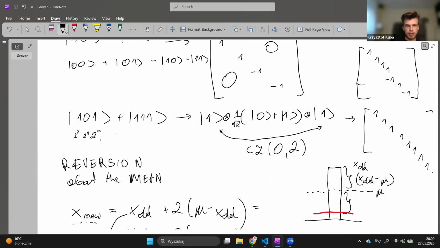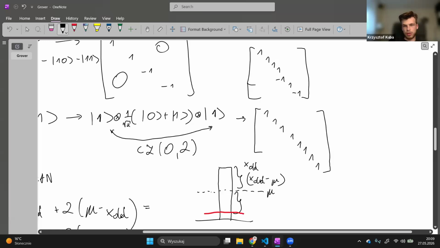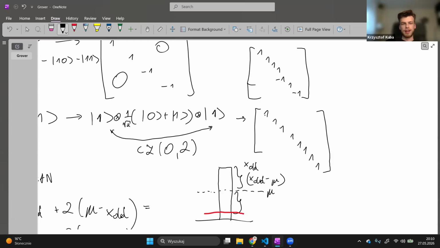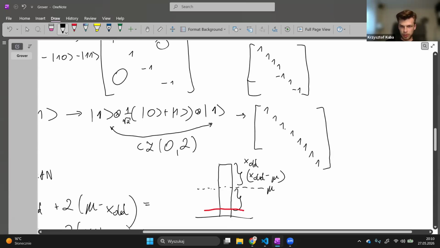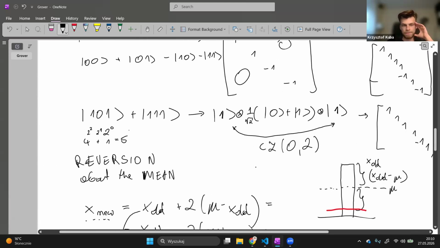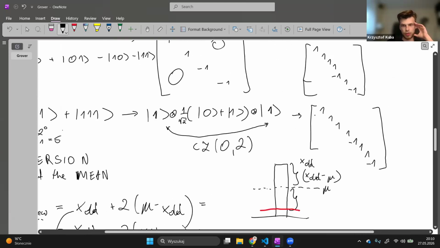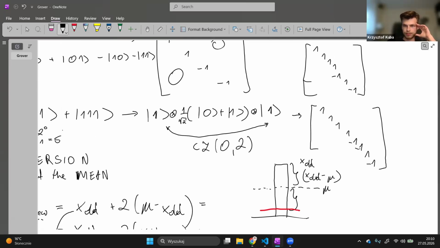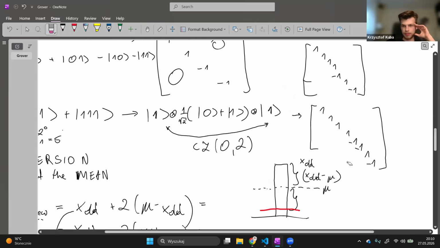So this is 4 plus 1, which is 5. So 0, 1, 2, 3, 4, 5. Once again, we have 1, 2, 3, 4, 5, 6, 7, 8. So here is -1, and here's also -1. Am I right? No. 0, 1, 2, 3, 4, 5. Here should be a minus sign. I'm sorry for that.